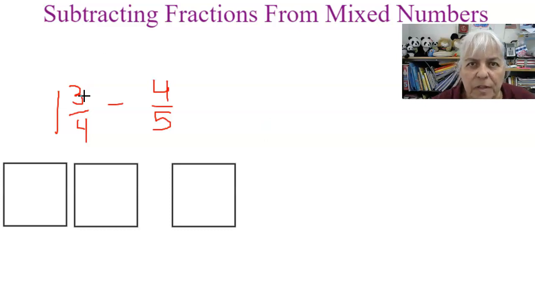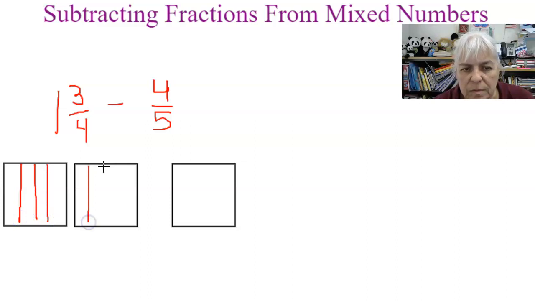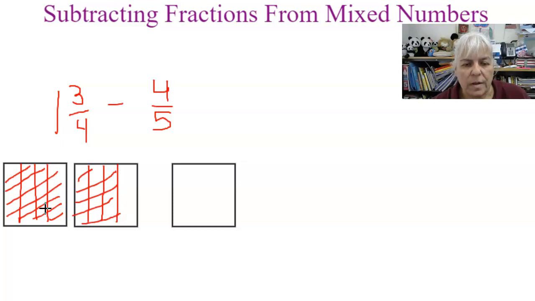All right, so let's break this up. This is 1 3/4. So I'm going to have my 1 here. I'm going to break all of it up into fourths. So I have 1 3/4.